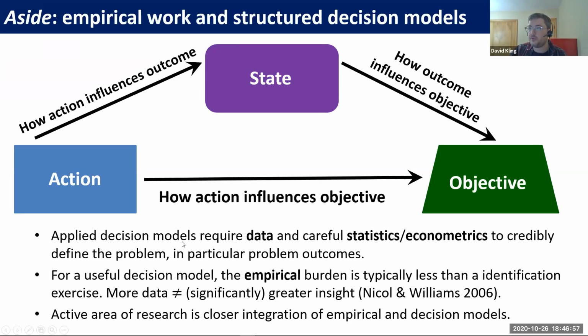And I would argue that often you get better results when you have better data, but it's very context dependent. And that's where I see a lot of room for collaboration between empiricists and experts or practitioners of adaptive management: to really think about when more data might really help you make a better decision.